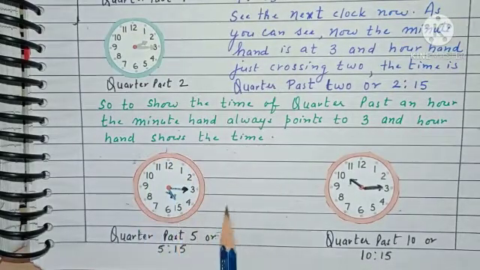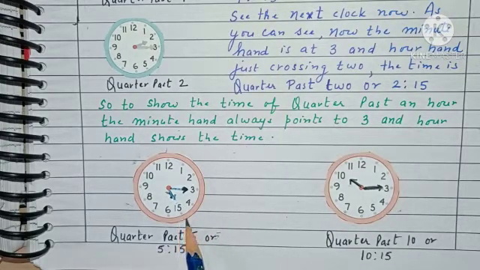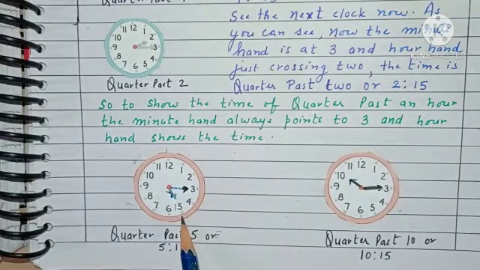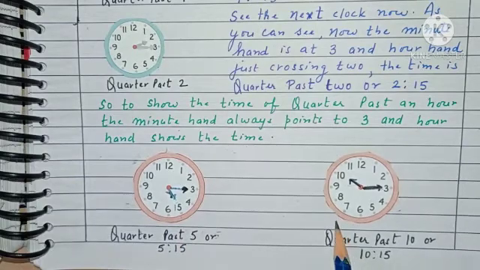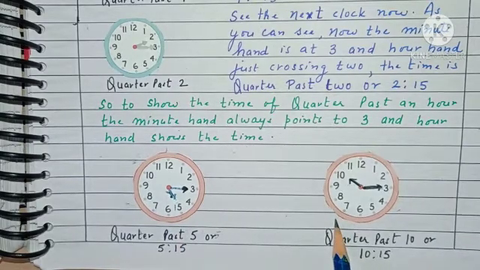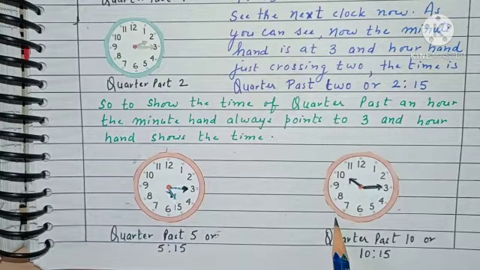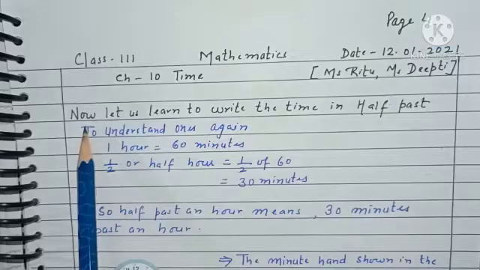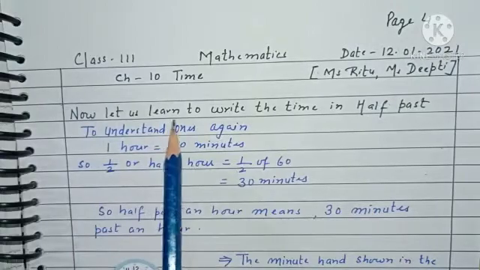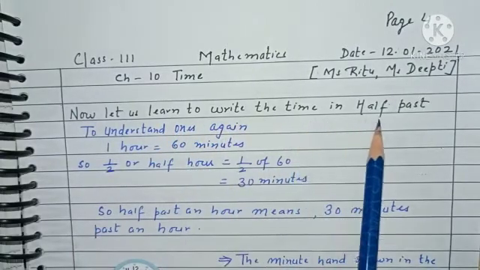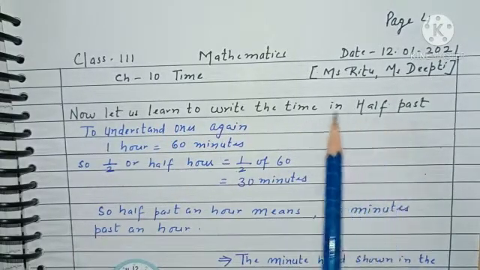See the clocks here? Can you guess the time shown by the clock? Yes, it is quarter past 5 or 5:15. The next clock is showing the time of quarter past 10 or 10:15. Now, let us learn to write the time in half past.